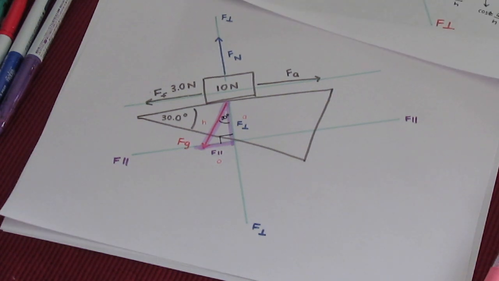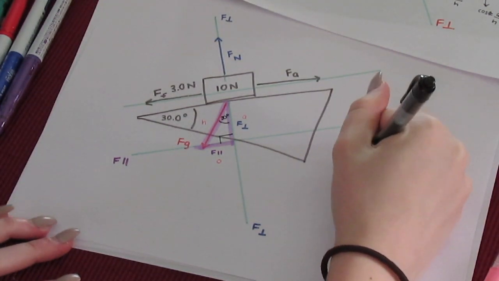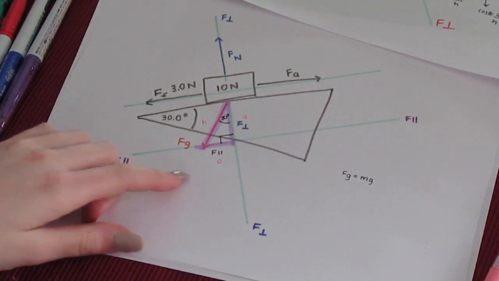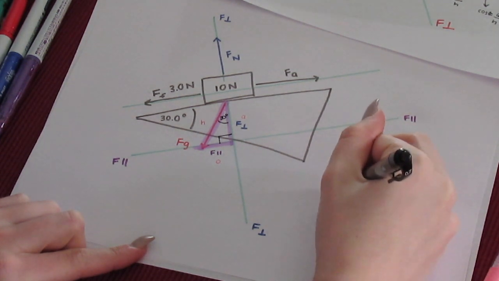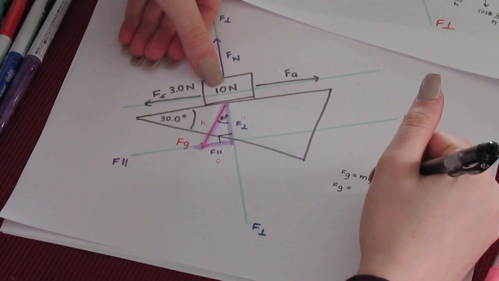So the equation for force of gravity is F of G equals M times G. So I'm going to write this down. Force of gravity. In this equation, your force of gravity equals the mass of your object times the gravity.